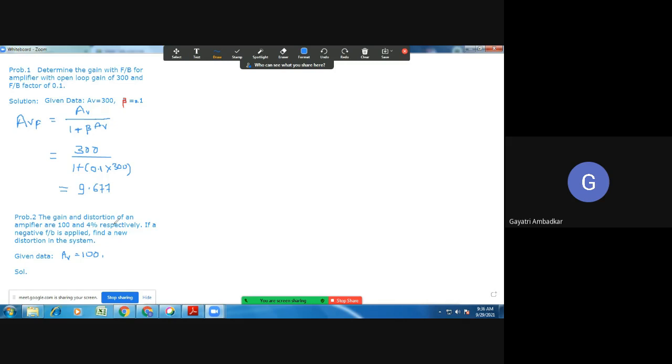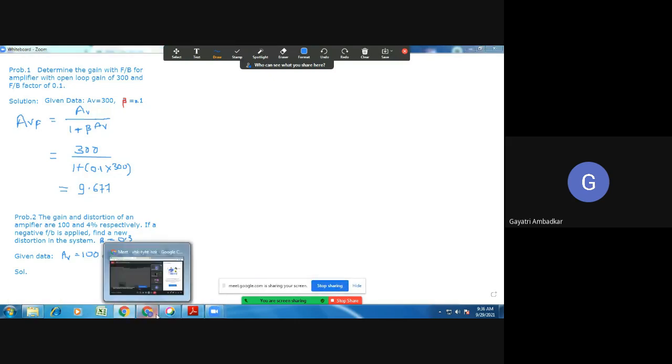Distortion is 4%. Also, it is given that beta is 0.3. So AV is given, beta is given, and D is given as 4%. What do you have to find? The new gain and distortion.